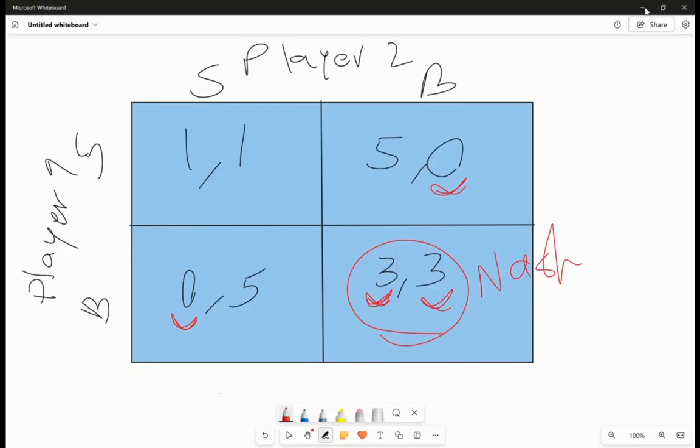But if both keep the price high, the collective profit is maximized. Under game theory, we are going to show that no firm is going to keep the price high. They are going to drop the price. So that could be summarized in this table.